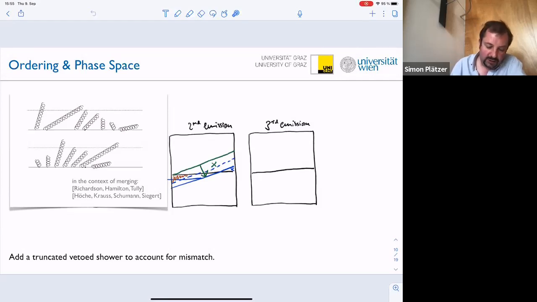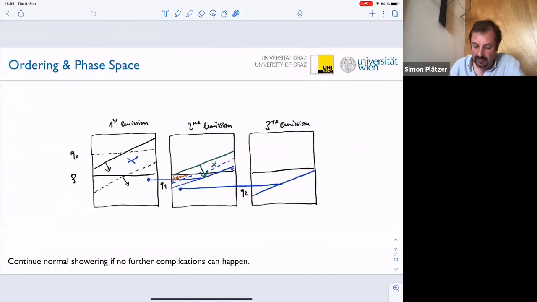But then if we would just naively do the vetoed shower business, we would miss out on these large angle softer emissions. And this is exactly what we put back by applying the truncated shower. And then once we have fixed up this issue, we can let the shower go on just as it would have done before.